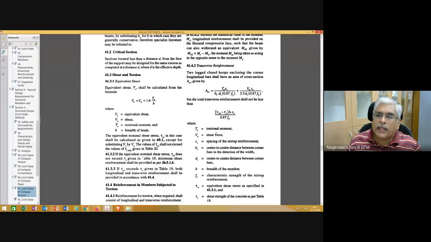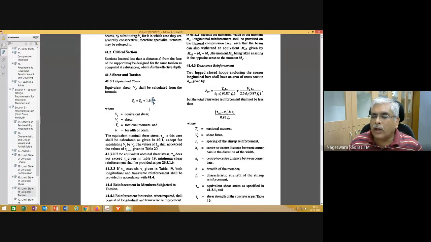And please note that the numerical examples that I'm going to show you are for illustration purposes, in the sense of how to make use of whatever is given in this section, that is clause 41 of IS 456.